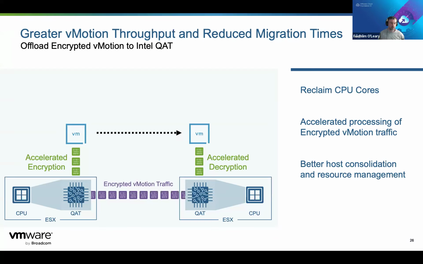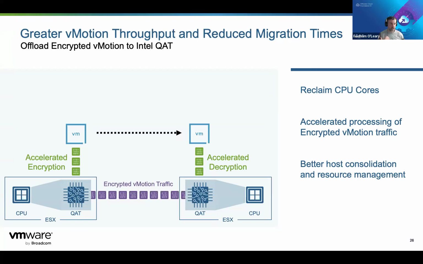This allows for hardware-based accelerated encryption and decryption when we're doing encrypted vMotion. So it should mean that the vMotion itself is going to be that little bit quicker, use a little bit less CPU resources, and free up some of that as well for additional workloads. Now, encrypted vMotion, I believe, is set to opportunistic by default.